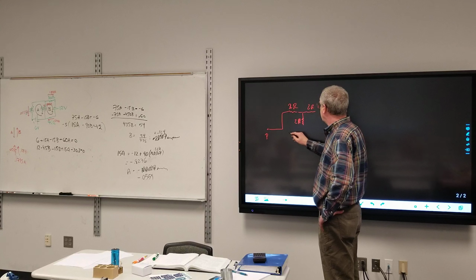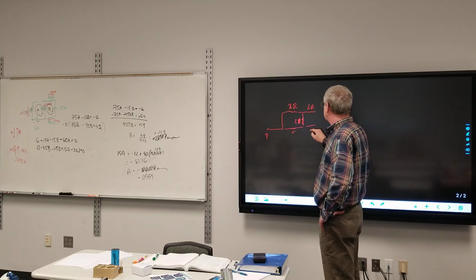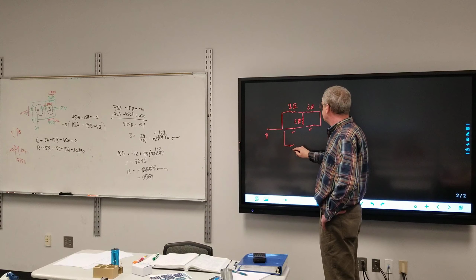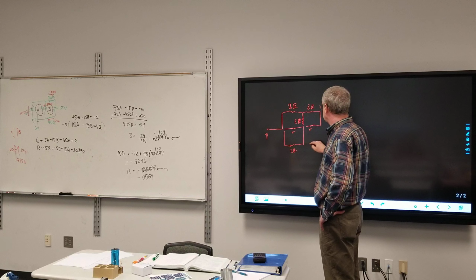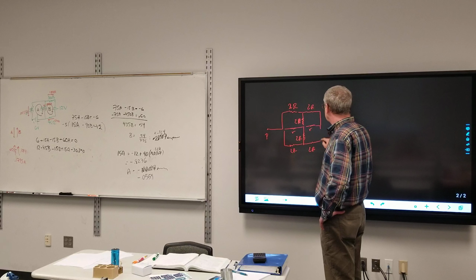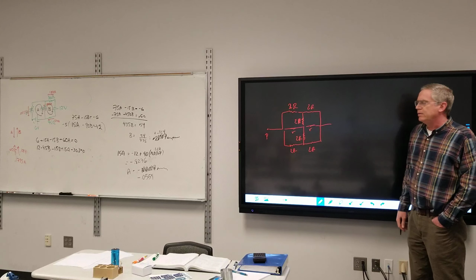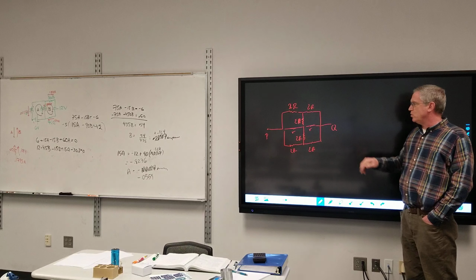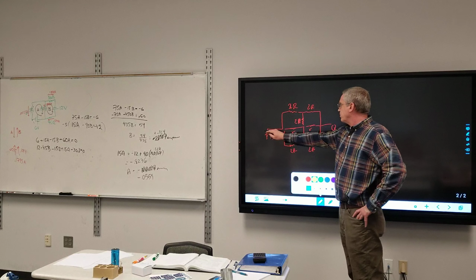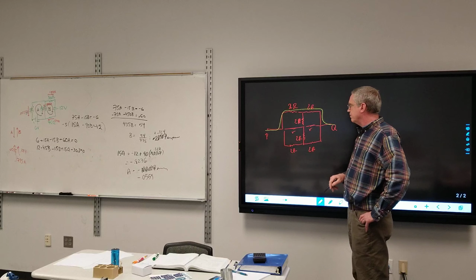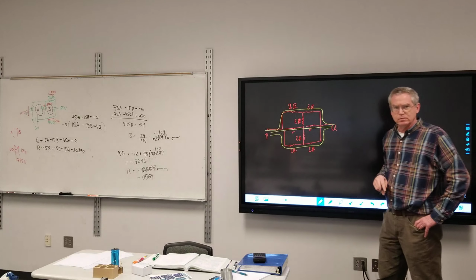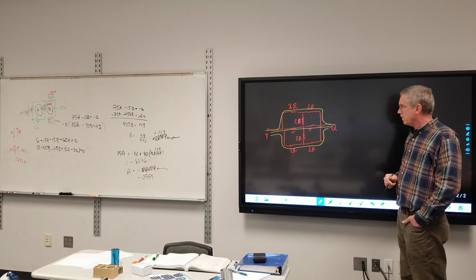R. Little r, and then same thing over here. So the potential difference between P and Q should be the same regardless of the path that we take. So if I'm cruising along here and along this path, that should be the same potential difference as going straight or going down that route. Same 2 points should have the same potential difference.